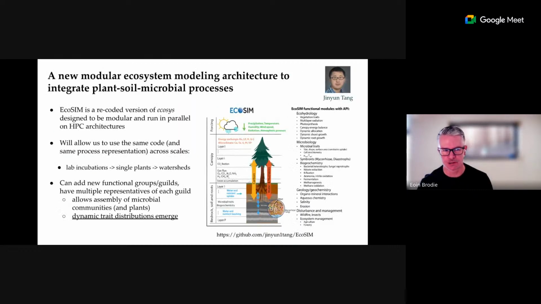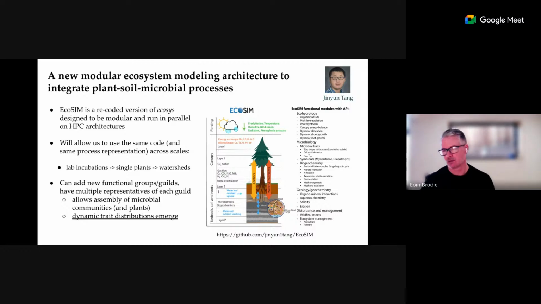We're building this new model called EcoSIM, which is a recoded version of EcoSys, which is the model we used in that permafrost example there. It's been recoded so that it's much more modular, more parallelizable, and can run on HPC compute. And importantly, it allows us to add new functional groups and guilds and have multiple representatives for each guild.